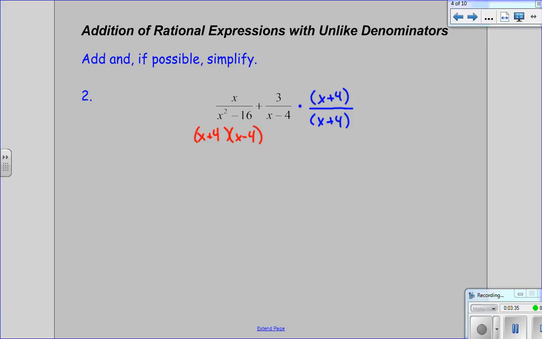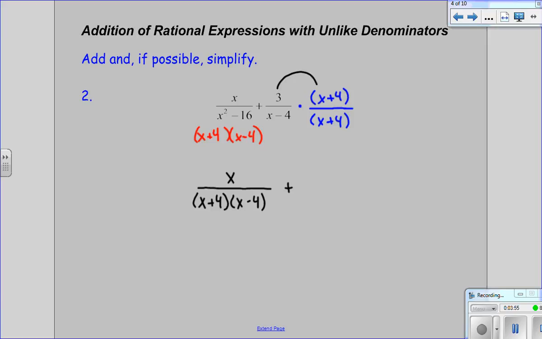Now let's rewrite our expression. Our left fraction stays x over x plus 4, x minus 4. We're not doing anything to change this one, and we'll keep it in our factored form in the denominator. Carry down our plus sign.